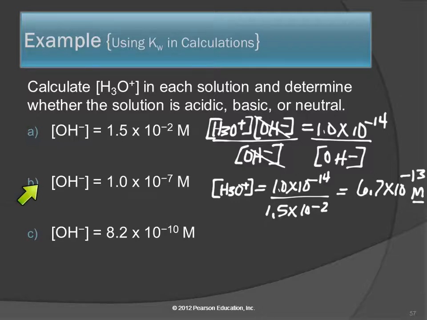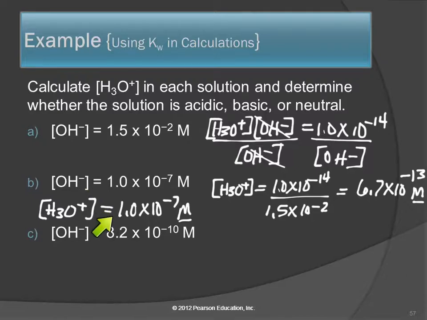So these other two would be done in the same way. It's going to be 10 to the minus 14th divided by whatever this concentration is. B we can do without even calculating. It's 1.0 times 10 to the minus 7, because that's the neutral solution, right? Because these two times each other give us 10 to the minus 14.